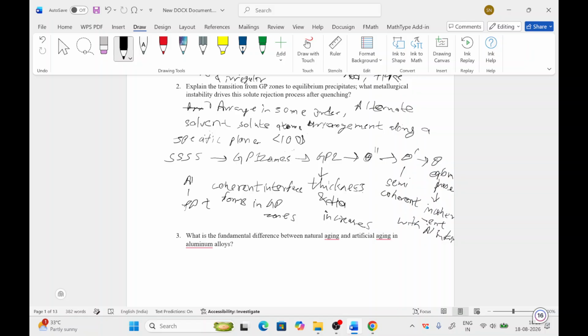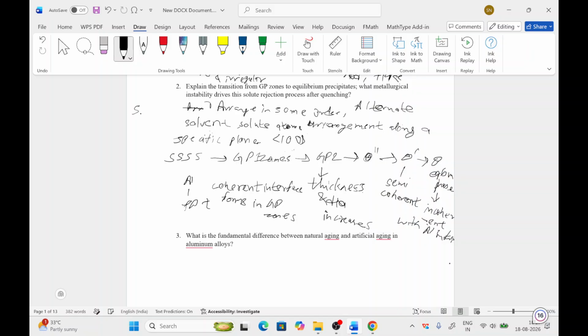So, what metallurgical instability drives this solute rejection process after quenching? So, the metallurgical instability is that the solubility decreases with decreasing temperature. Solubility of solute atoms decreases at low temperature.